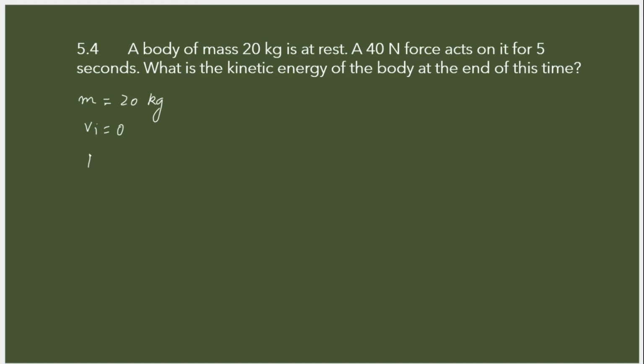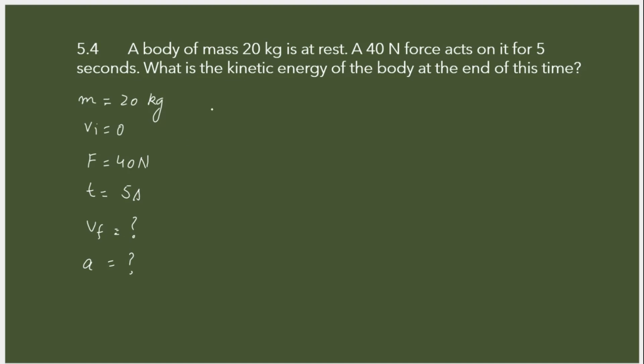Force is represented by capital F, and it is 40 Newton, for 5 seconds, and the time t is equal to 5 seconds. So to calculate final velocity Vf, we will first find the acceleration, and with the help of that acceleration, we will find the final velocity.